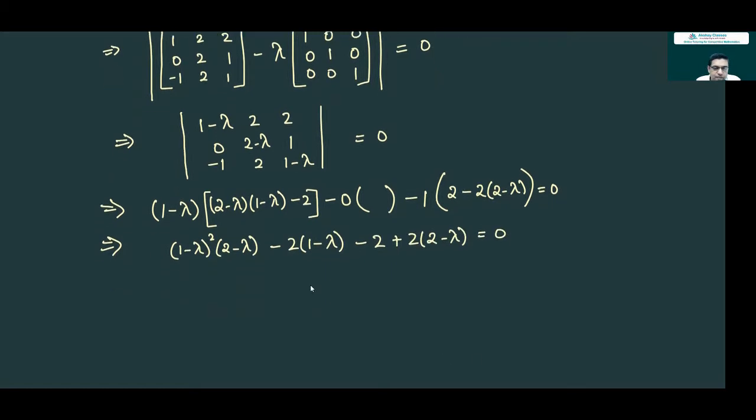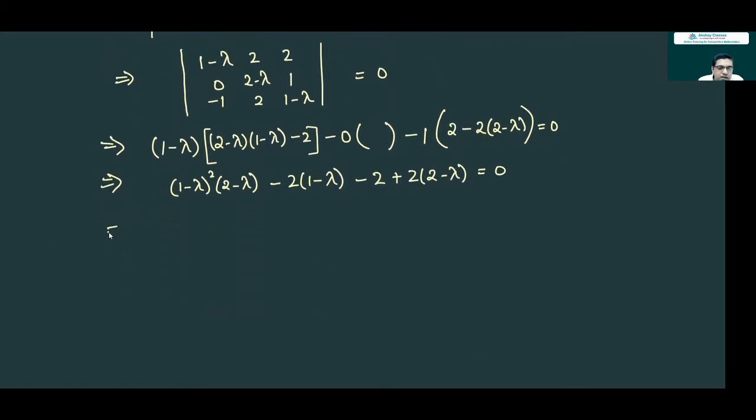We'll simplify. Here I will write this as minus of lambda minus 2. 2 minus lambda I'm writing as minus of lambda minus 2. And this is a minus b the whole square, which is a square plus b square minus 2ab. So I get lambda square plus 1 minus 2 lambda.